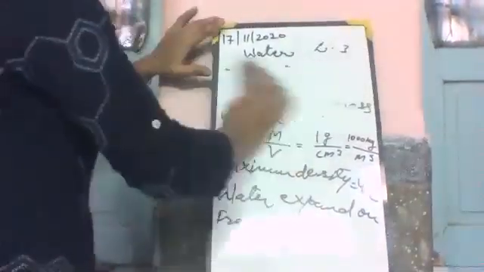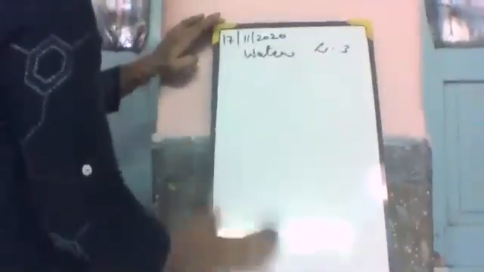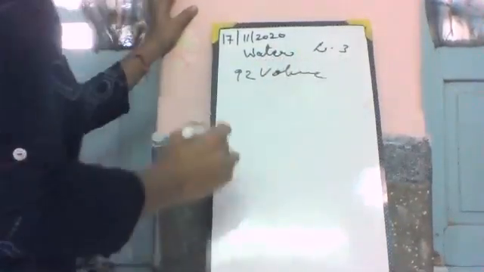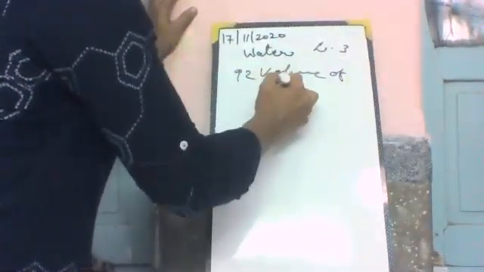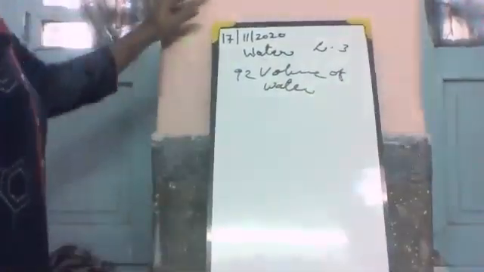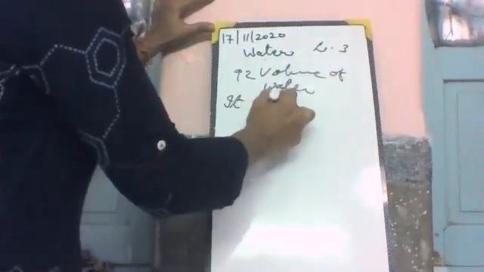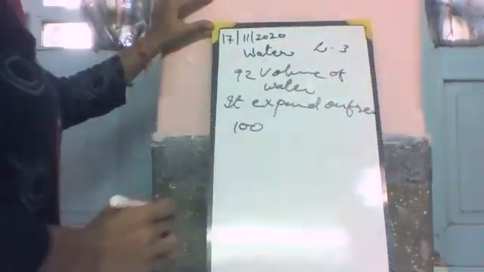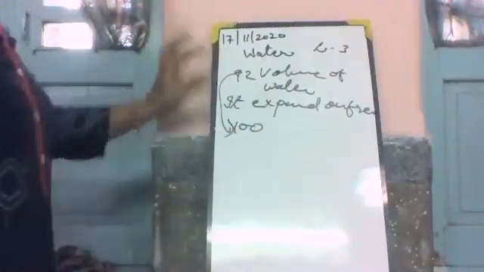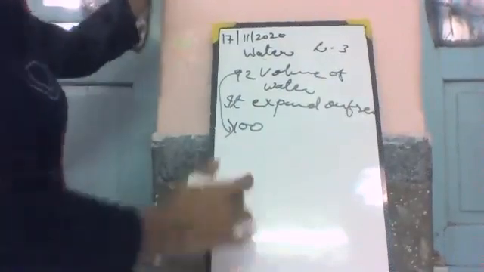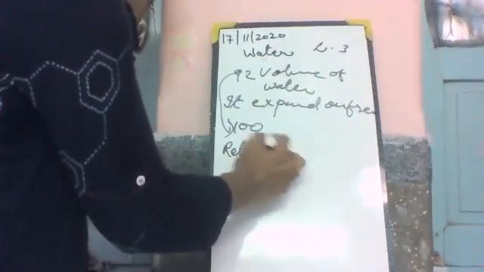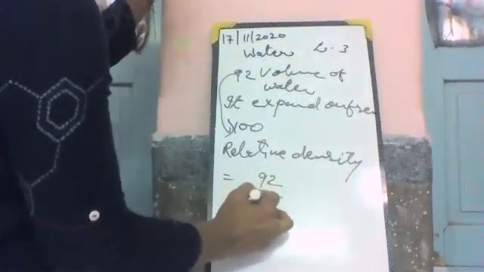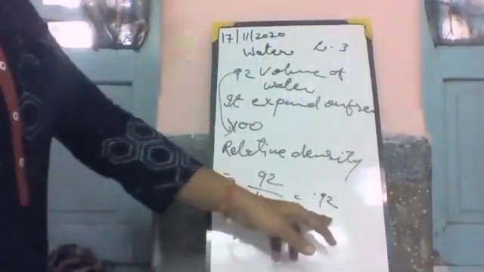If 92 volume of water expands on freezing, it changes into 100 volume due to the expansion, and therefore the relative density is equal to 92 upon 100, that is 0.92.